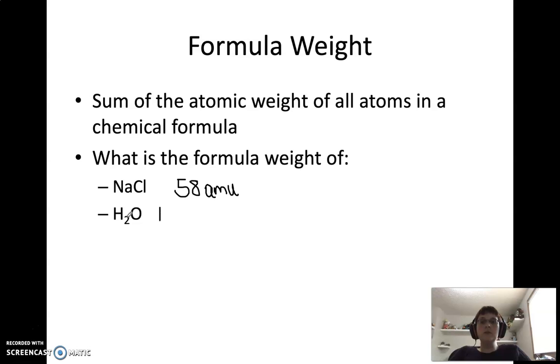This one's telling us that we've got 2 hydrogens, so we have to add both of those. So 1 for each of those. And then oxygen has an atomic weight of 16. So H2O is going to have an AMU of 18.